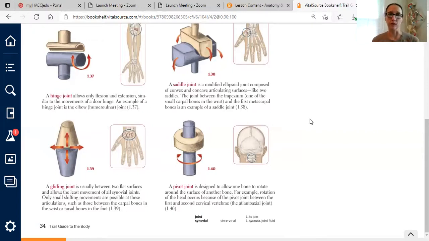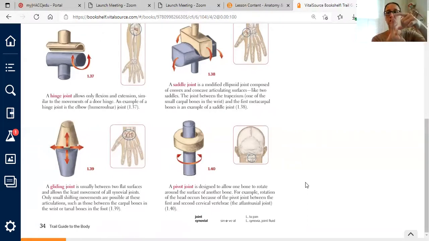Then we have a pivot joint. Pivot joint allows rotation, but more specifically rotation within the spine. So a good example of a pivot joint is right at the top of the spine. It's cervical vertebrae 1 and cervical vertebrae number 2, and it actually sits together like this.